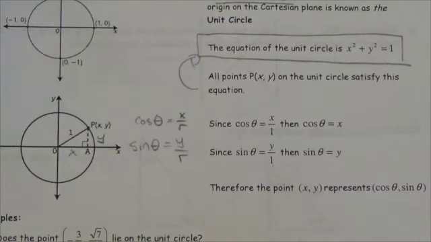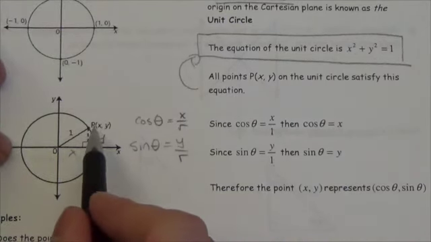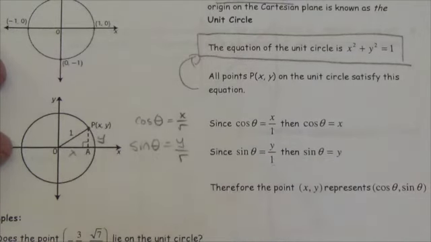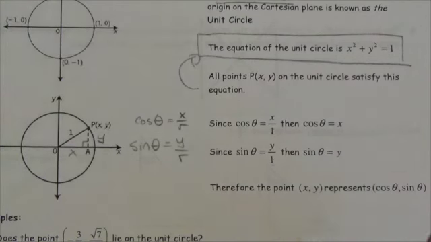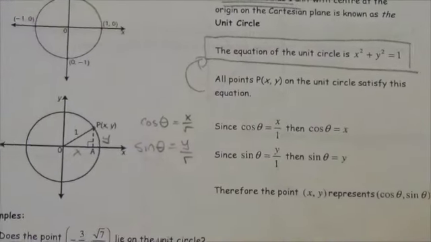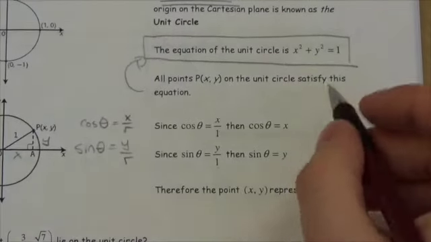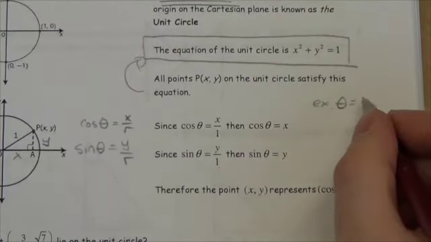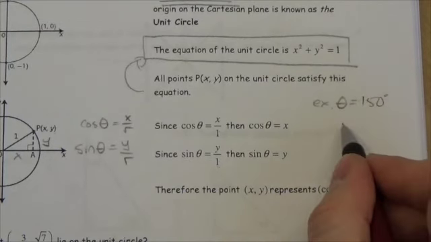In fact, one way of defining sine and cosine for angles is quite literally the coordinates of the points on the unit circle that the terminal arm goes through. So you pick any specific terminal arm. Let's throw out an angle here, for example. Let's say we're going to let theta equal 150 degrees, because we've been working with this one before.